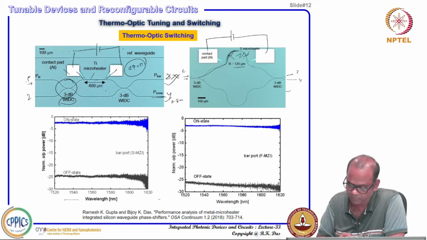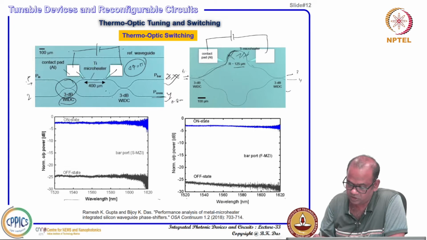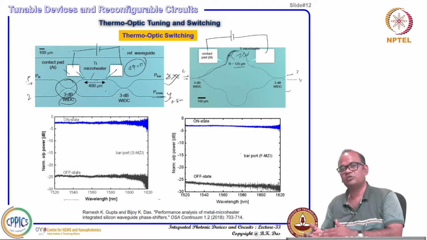There also we have seen that it is switching from off state to on state. In the on state you are getting everything in the bar port, and in the off state the entire wavelength spectrum goes to the other port. From the experimental results, you can see that from 1520 to 1620 nanometer the entire wavelength range you can switch back and forth.